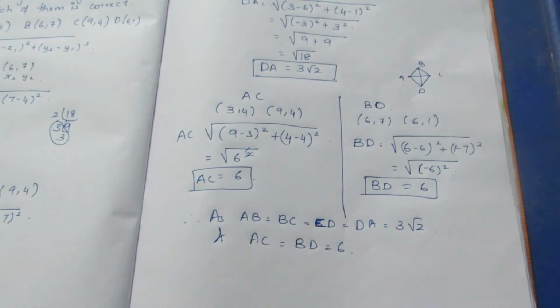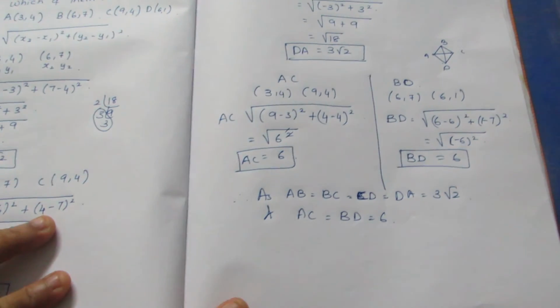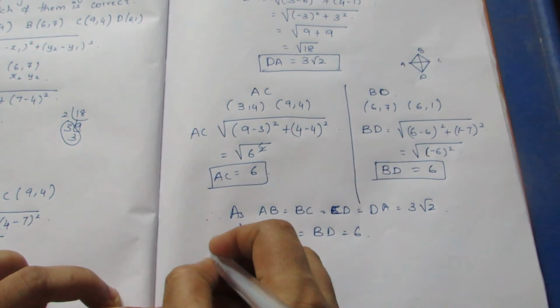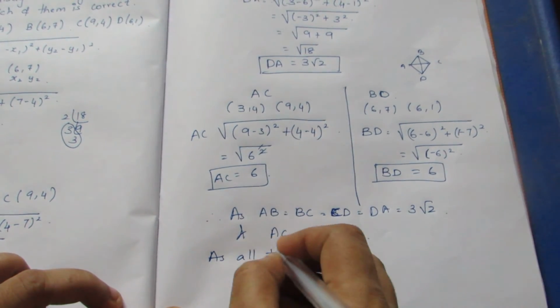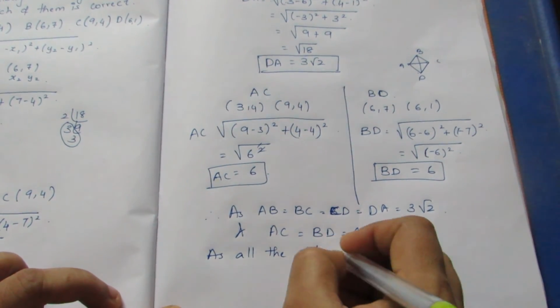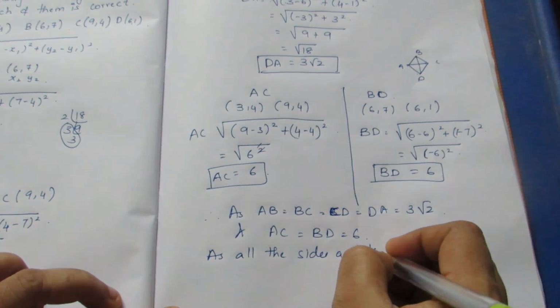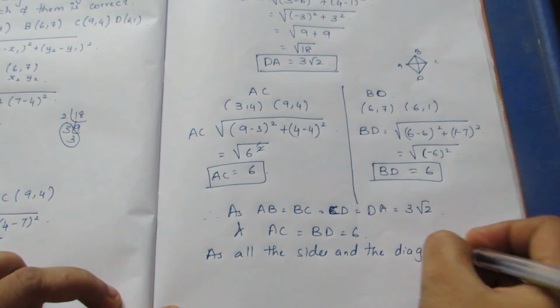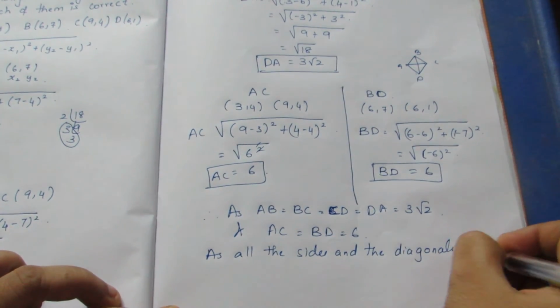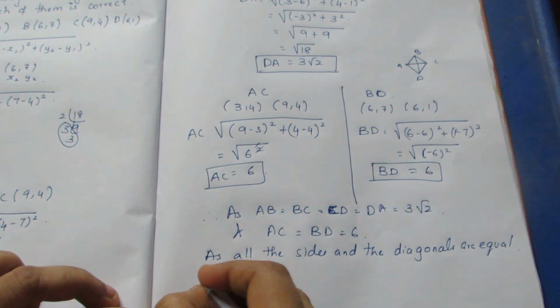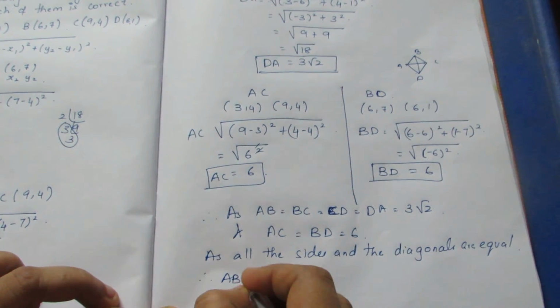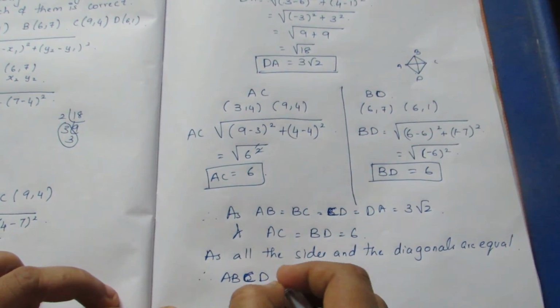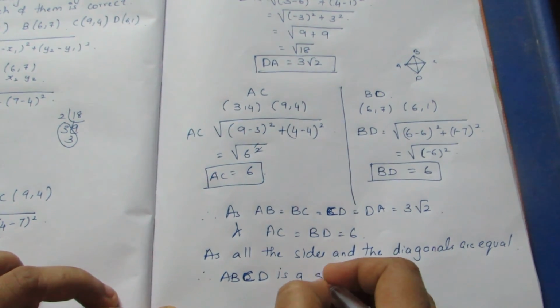So we can write that as all the sides and the diagonals are equal, therefore ABCD is a square.